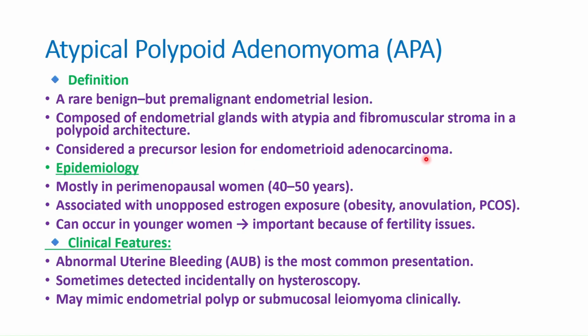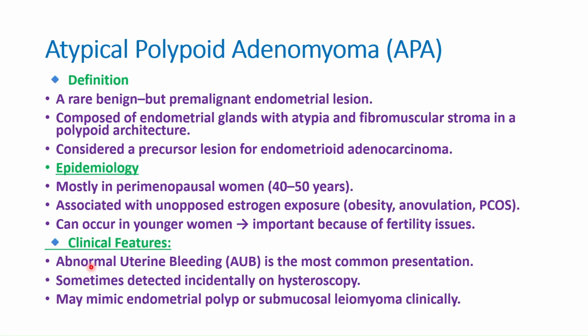Now epidemiology, it is mostly in perimenopausal women 40 to 50 years associated with unopposed estrogen exposure, including causes like obesity and anovulation or PCOS, and can occur in younger women, important because of fertility issues.